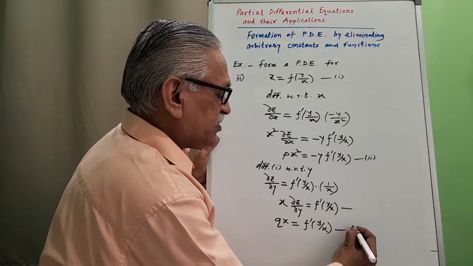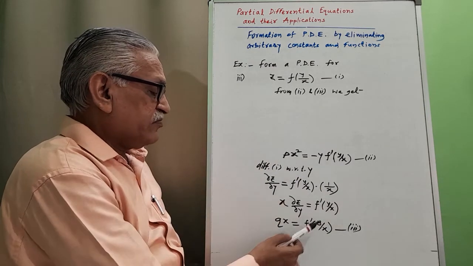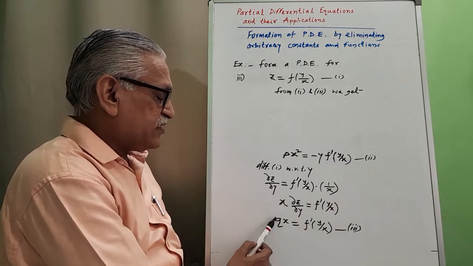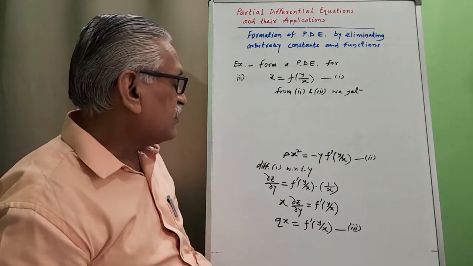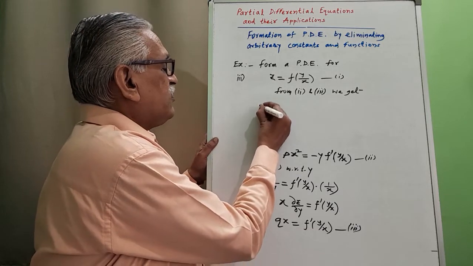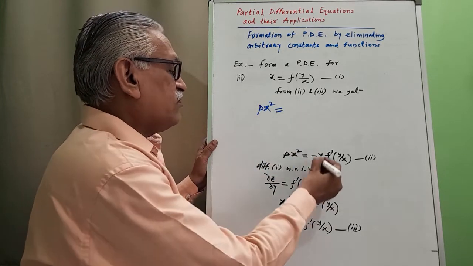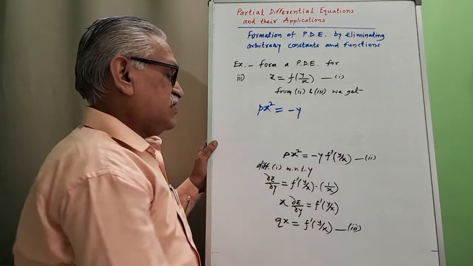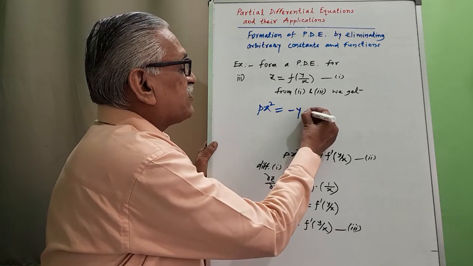We call this equation 3. Using this f dash of y by x as qx in equation 2, we get p into x square is equals to minus y f dash of y by x, but f dash of y by x is qx.